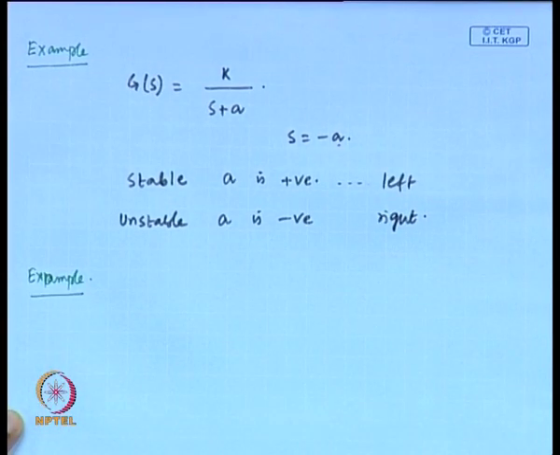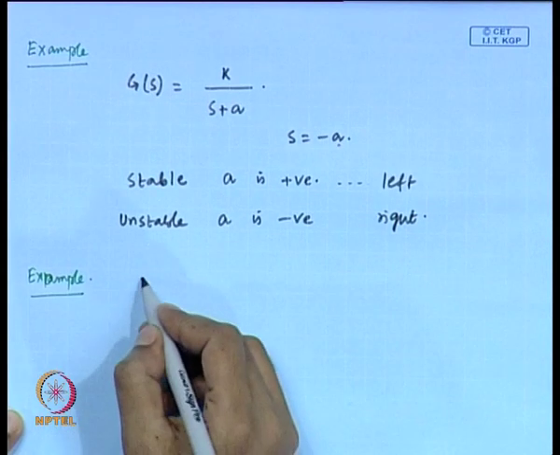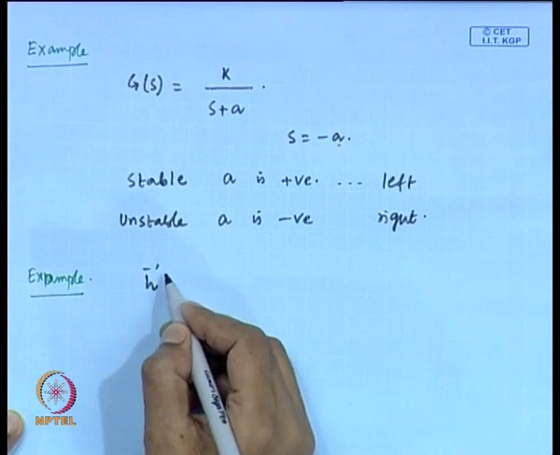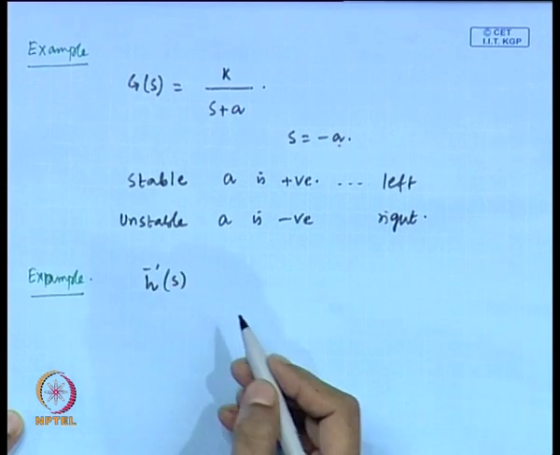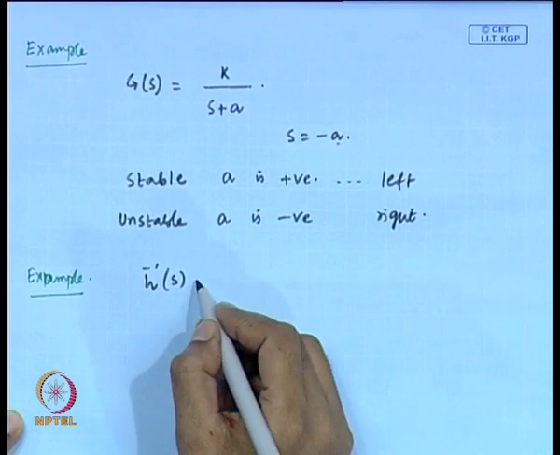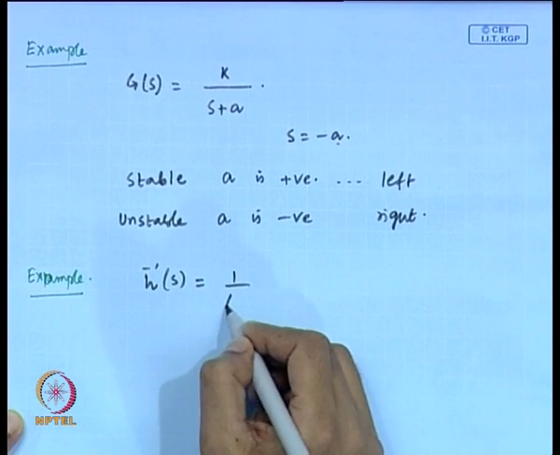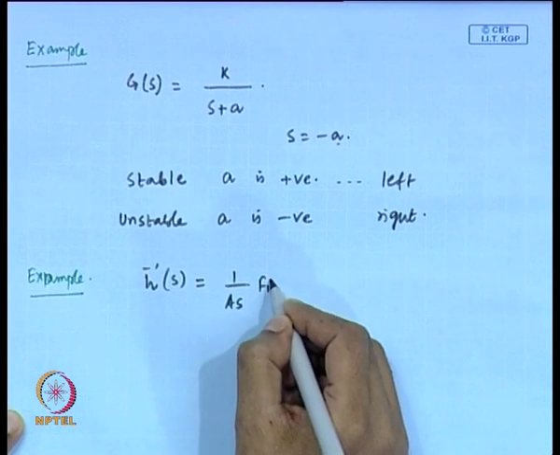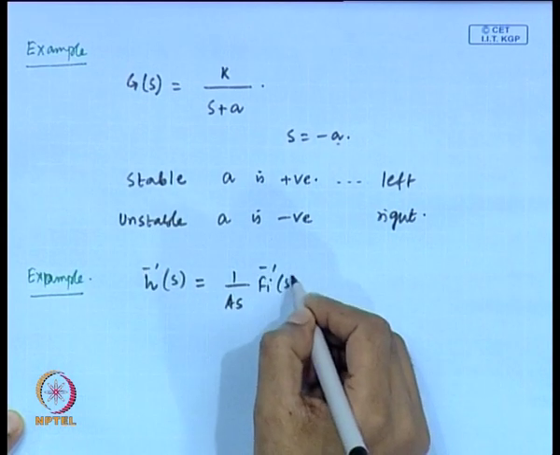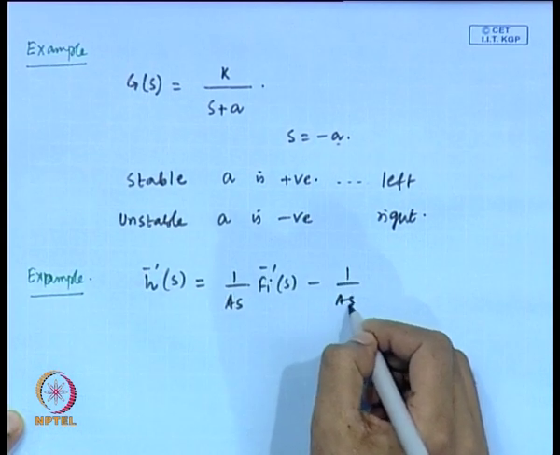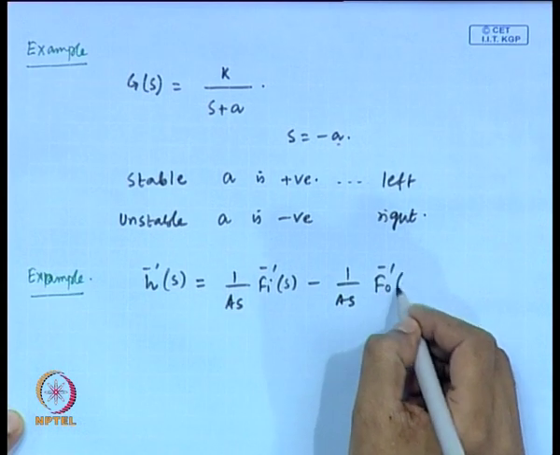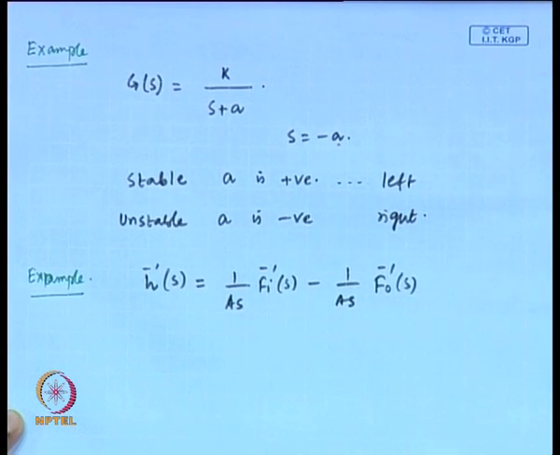For the case of the liquid level system, we got the transfer function, that is 1 divided by A s, F i bar prime s minus 1 divided by A s, F naught bar prime s.